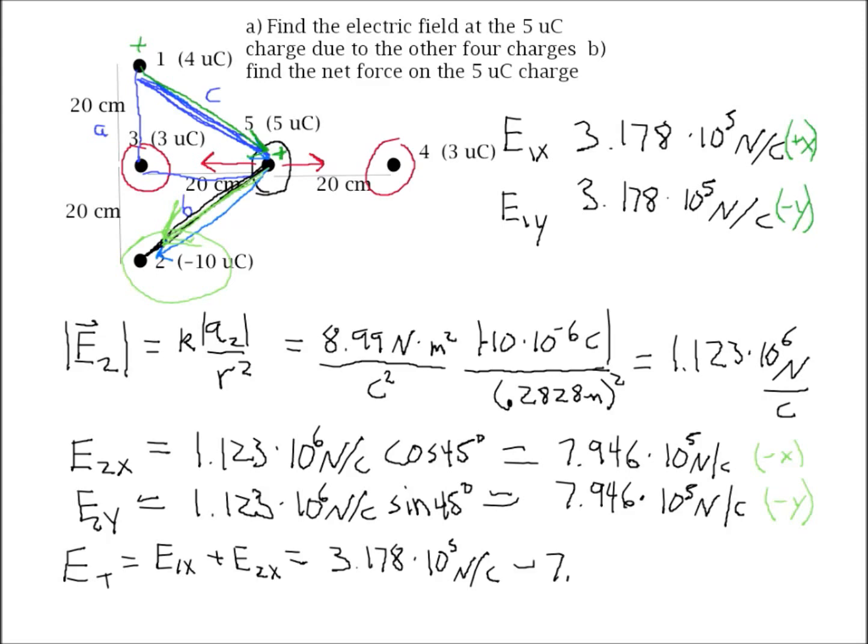E2x is a negative 7.946 times 10 to the 5th newtons per coulomb, meaning that when you add those up, you get a negative 4.768 times 10 to the 5th newtons per coulomb in the negative x direction, or to the left.